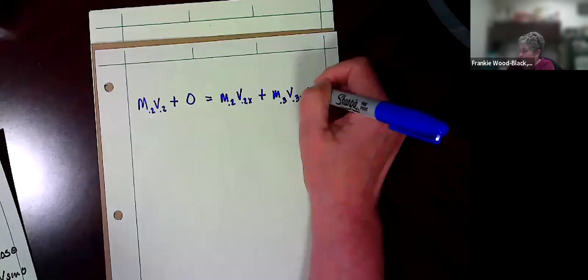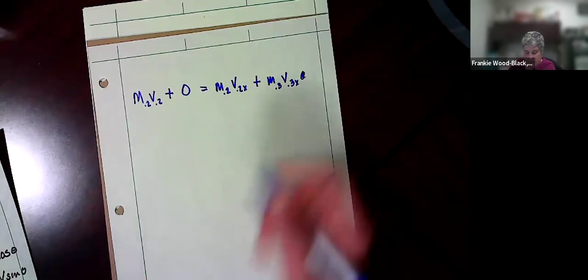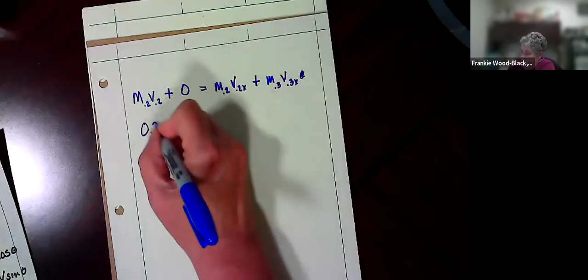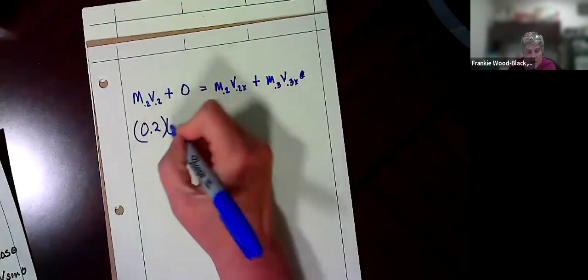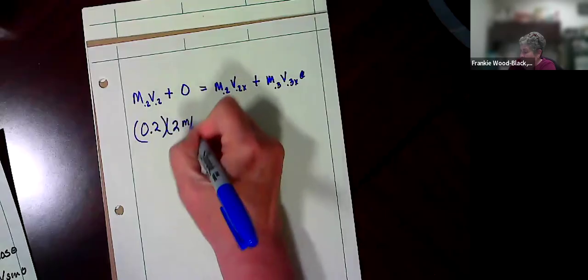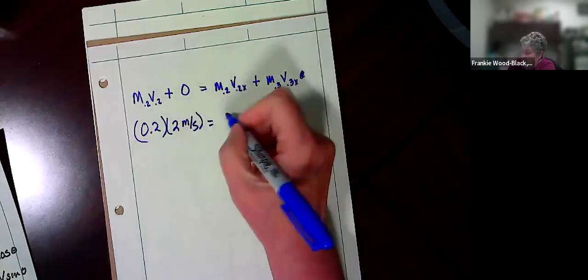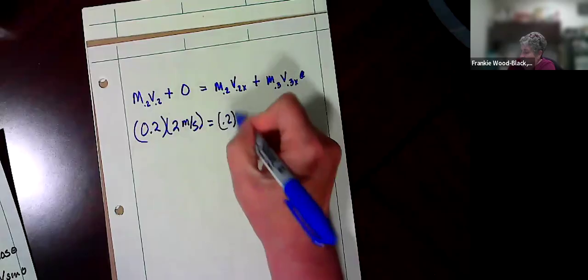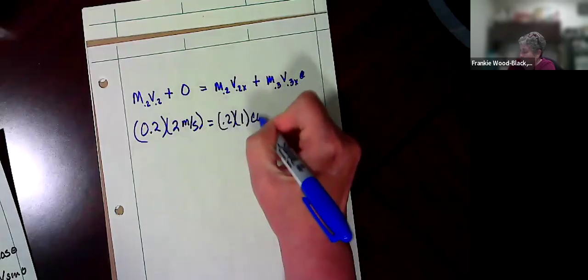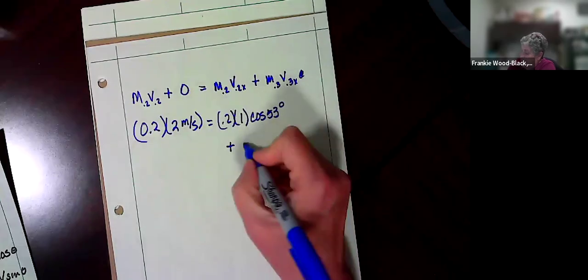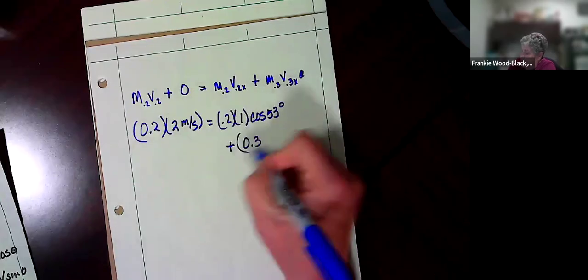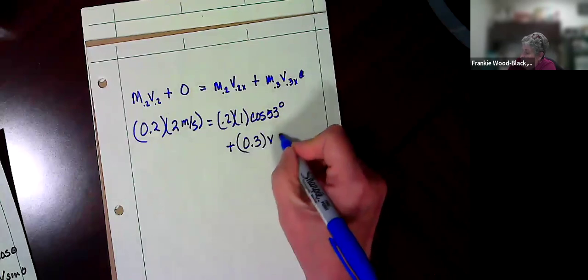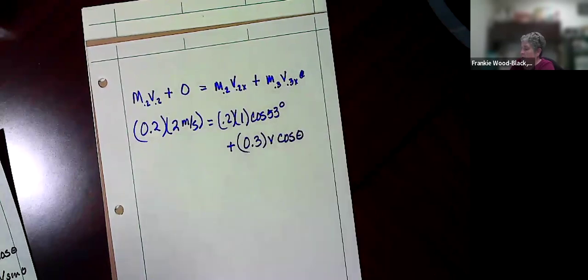So this is 0.2 times our 2 meters per second, equals 0.2 times 1 cosine 53 degrees, plus 0.3 v cosine of the angle that we need to figure out.